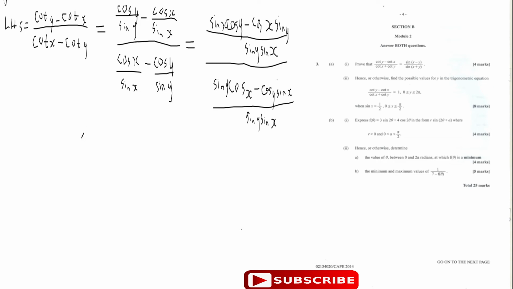Whenever I have a fraction divided by another fraction, I like to rewrite it another way that is easier to understand. I'm going to rewrite it as sine x cos y minus cos x sine y, all divided by sine y sine x.